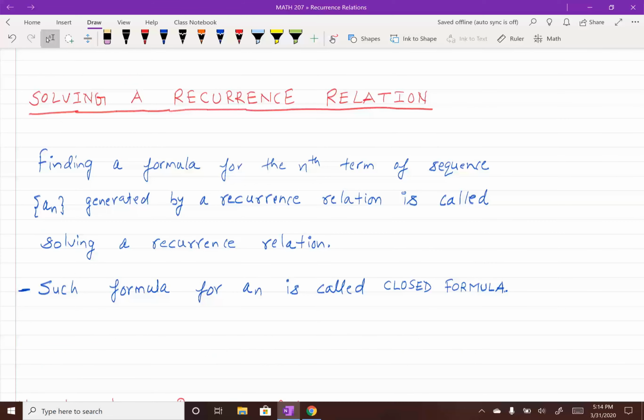When it comes to solving a recurrence relation, that means we are trying to find a formula for the nth term of the sequence a of n generated by the recurrence relation. Such a formula for the a of n term is called a closed formula.